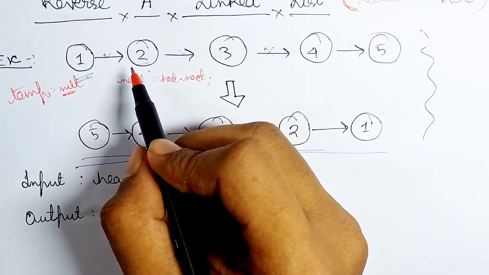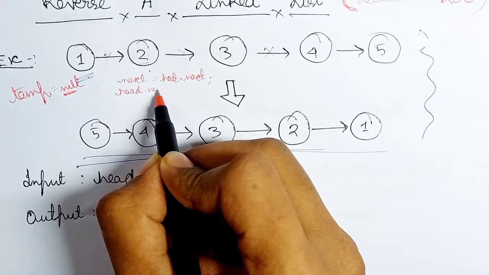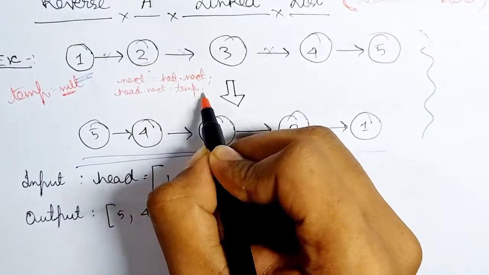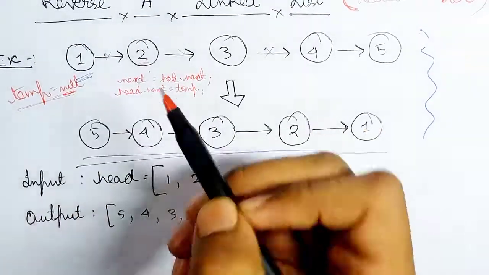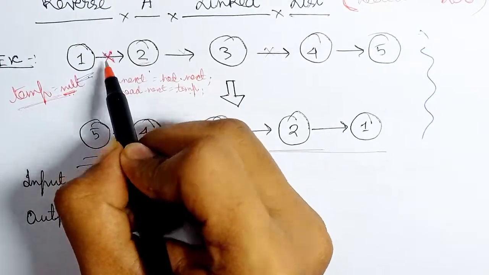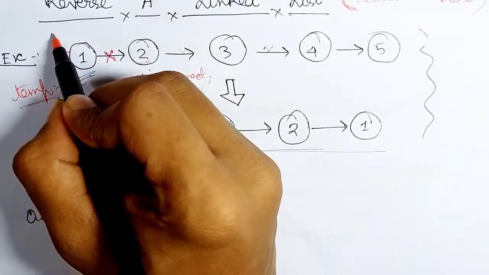After that, we will make head.next point to temp. Remember, we took a temp variable whose value was null. Now head.next points to temp. That means this link has been broken. Since this link has been broken, it is pointing to null.